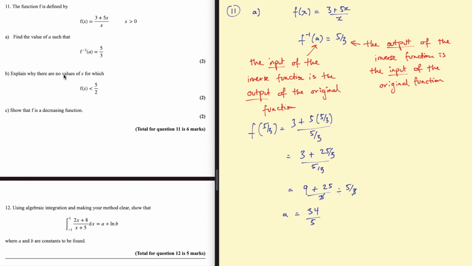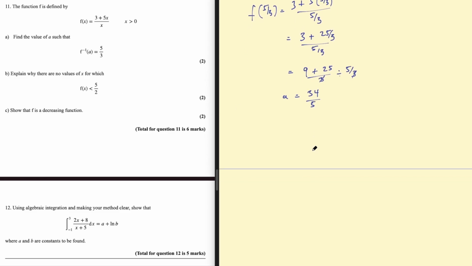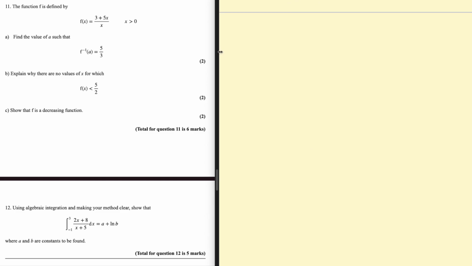Part B says explain why there are no values of x for which f(x) is less than 5/2. So for part B, you can interpret this function f(x). We can write it slightly differently as 3/x + 5, right?